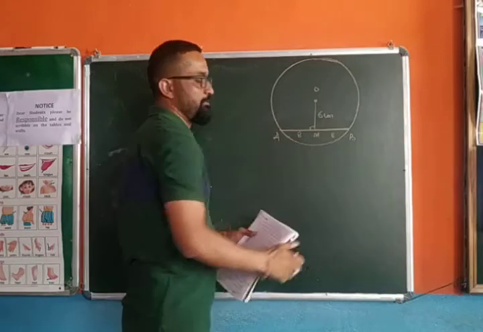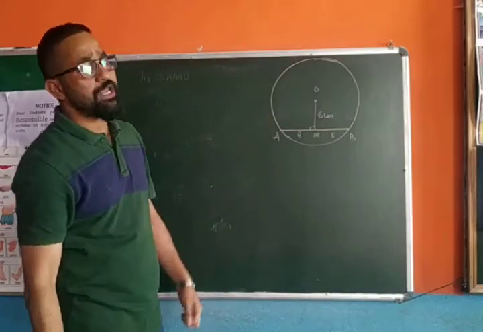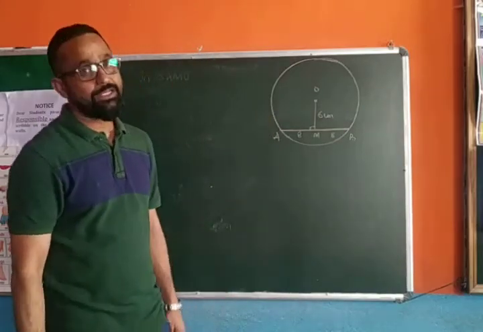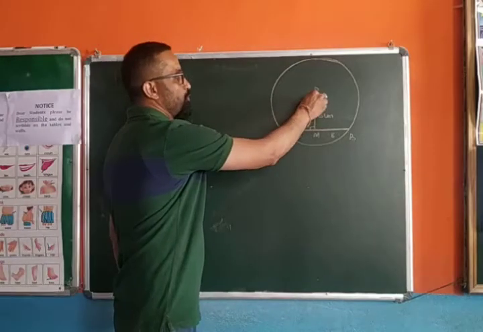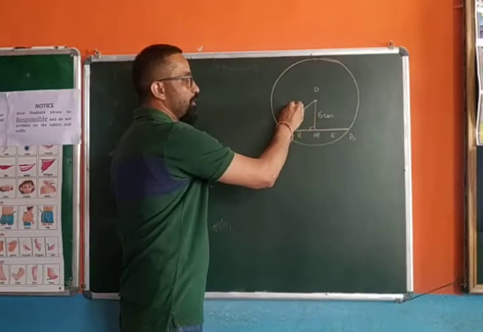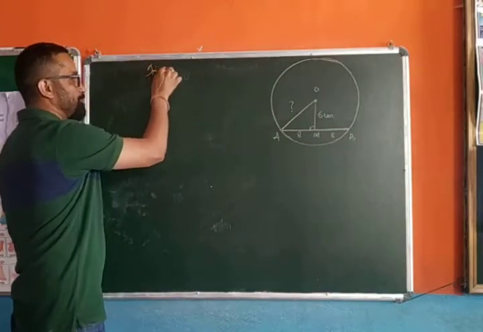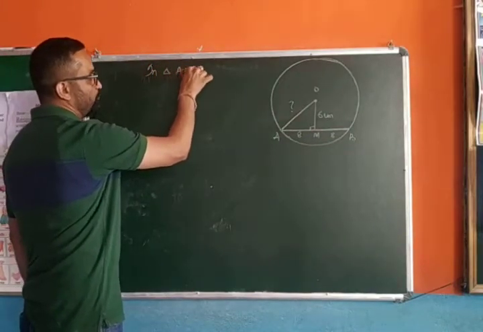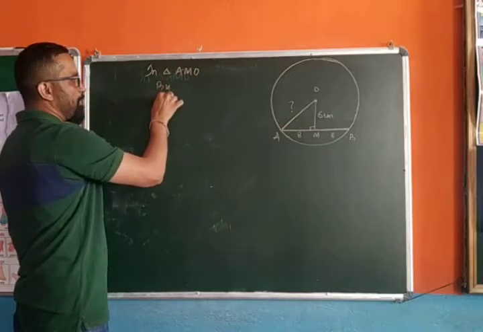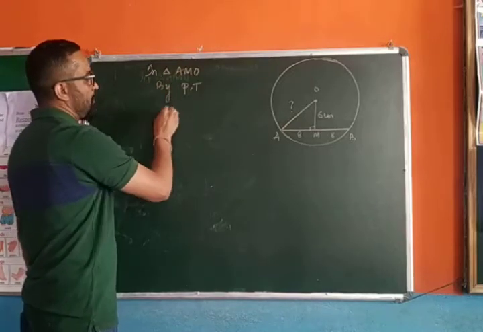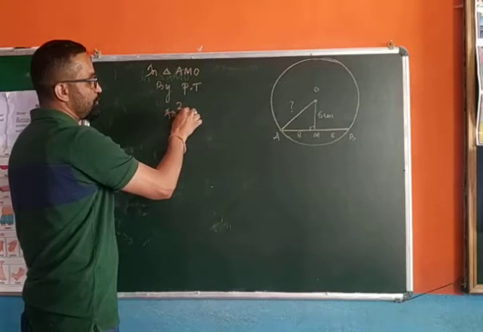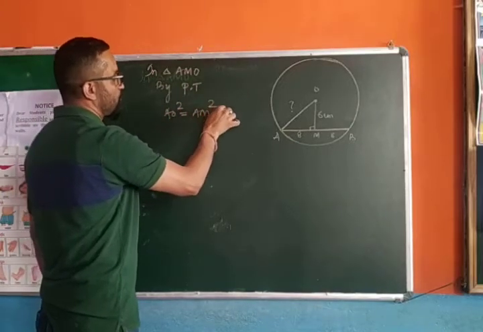6 centimeter. By looking at this diagram, we do not know the radius of circle. So we use Pythagoras theorem to calculate radius in triangle AMO. By Pythagoras theorem, AO squared is equal to AM squared plus OM squared.